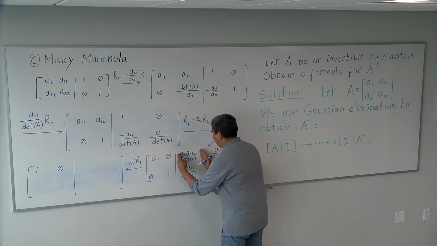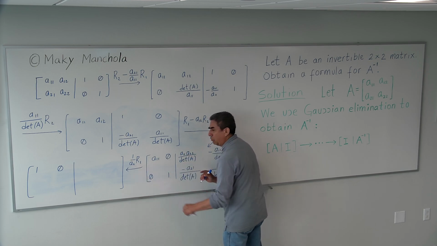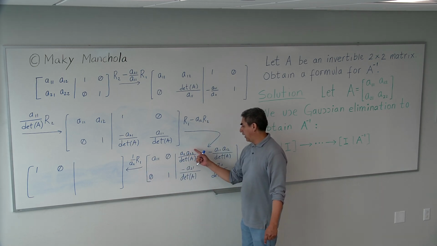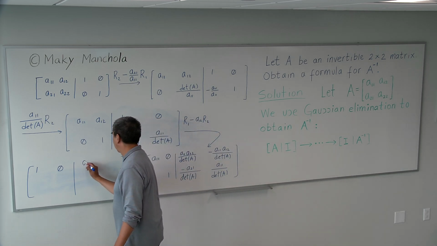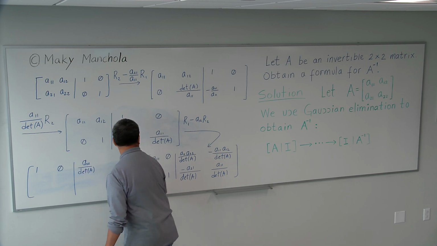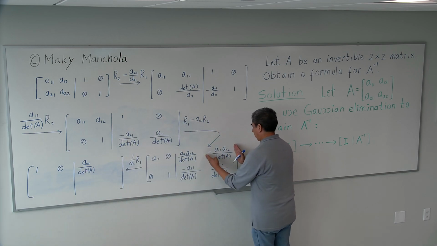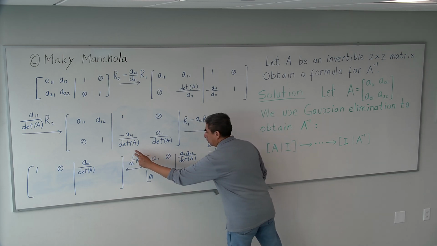I'm multiplying A11 A22 over determinant of A times 1 over A11. The A11s cancel, so we're left with A22 over determinant of A. Next entry, we're multiplying negative A11 A12 over determinant of A times 1 over A11.